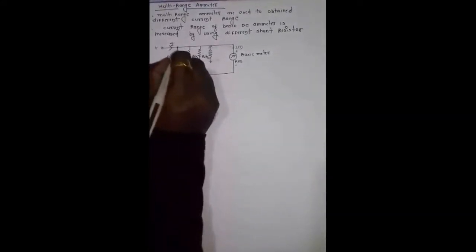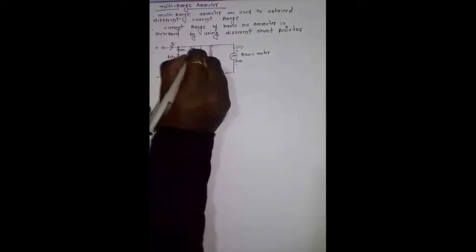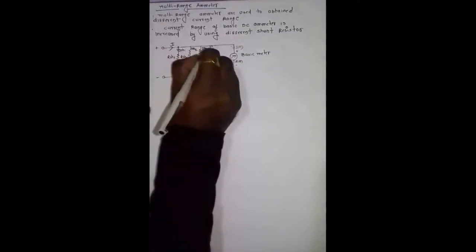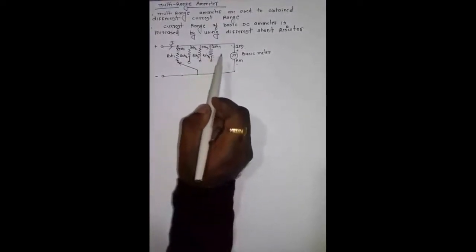Here is our node, so the current is divided into ISH1, ISH2, ISH3, ISH4, and this current flows through the coil, so the basic meter is converted into a multi-range ammeter. We can call it an extension of the measuring range of the meter.